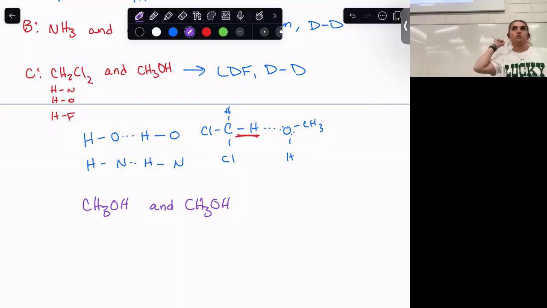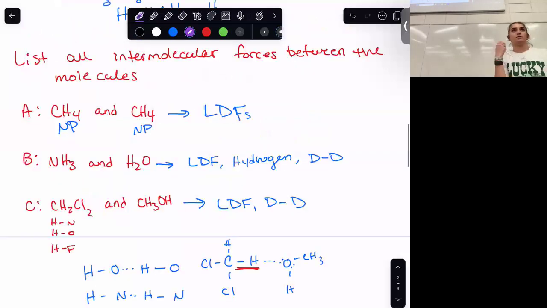Does that make sense, that you can identify them between two compounds? Okay, and then you can do the same thing as in A. If it's a pure substance of water, just look at what would interact with that and what kind of hydrogen bonds or polar molecules it may have.